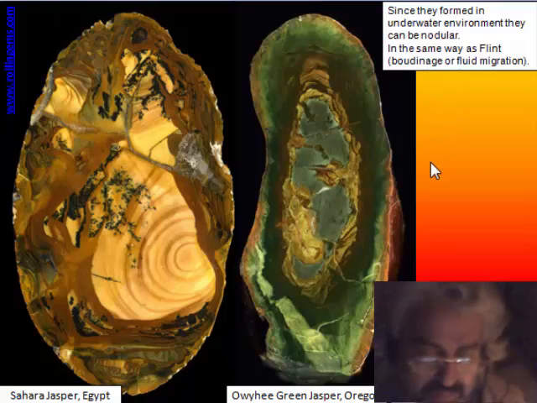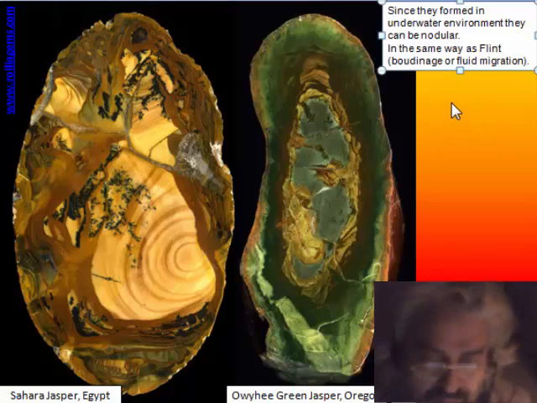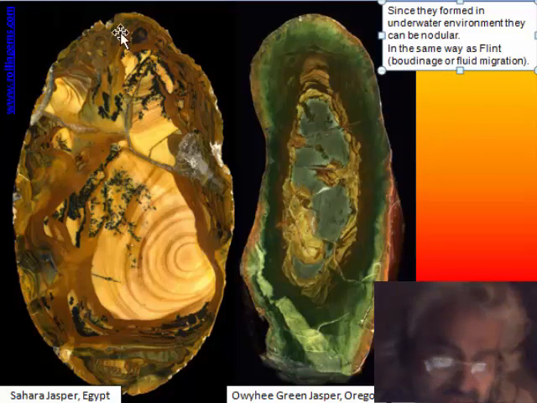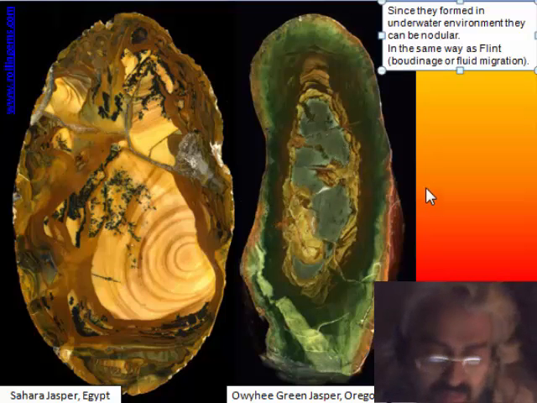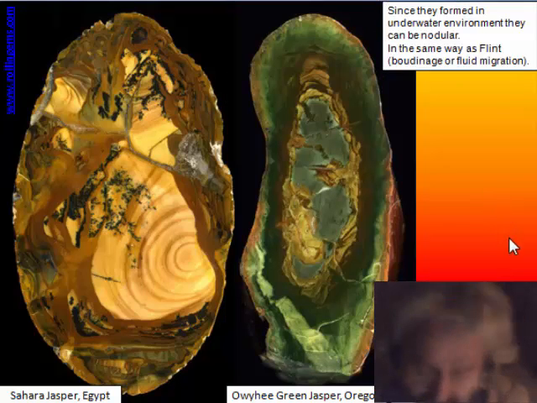So it's a phenomenon of mobilization of the silica because of the pressure of the bed that overlie. So they can be nodular. So the fact that some of these jasper with the same pattern, the same color, can be nodular is a demonstration that they are formed in an underwater environment.